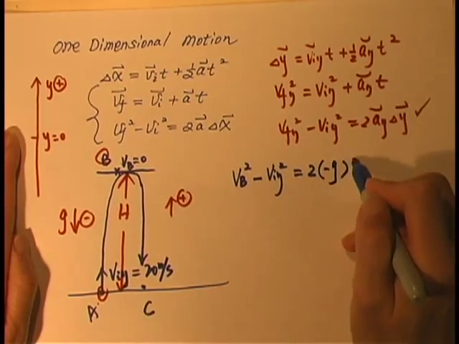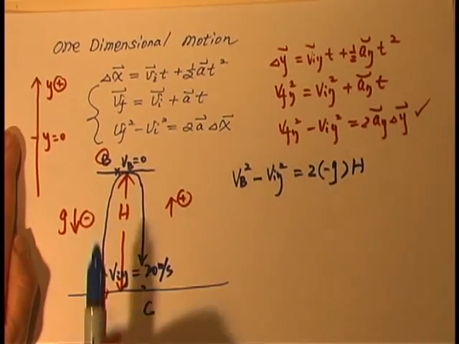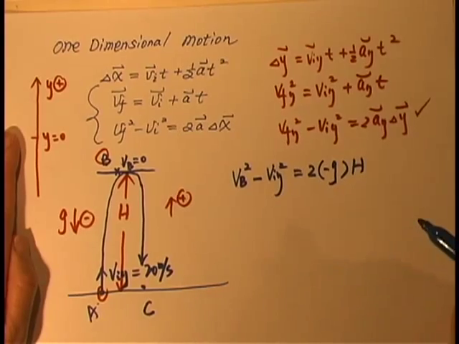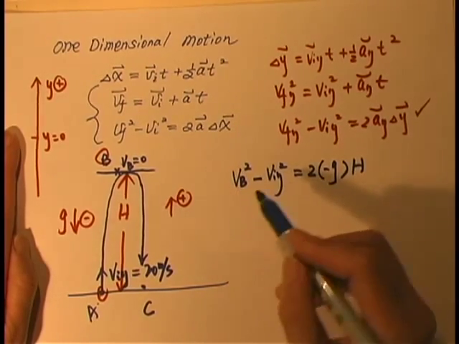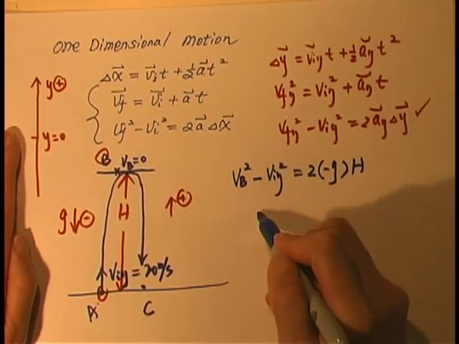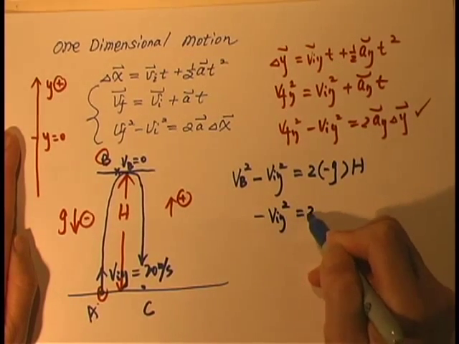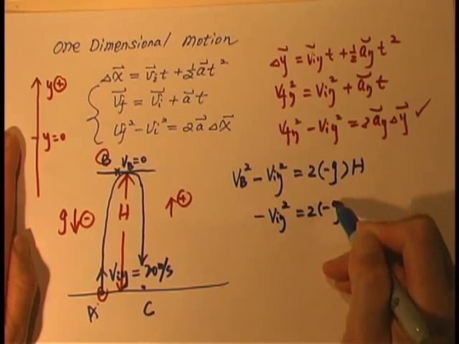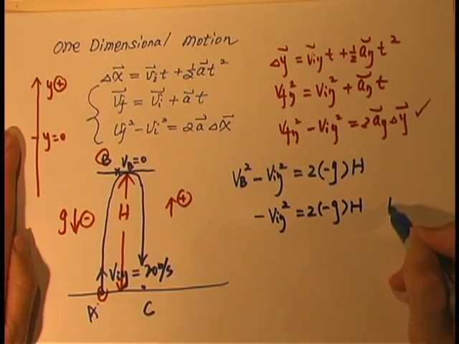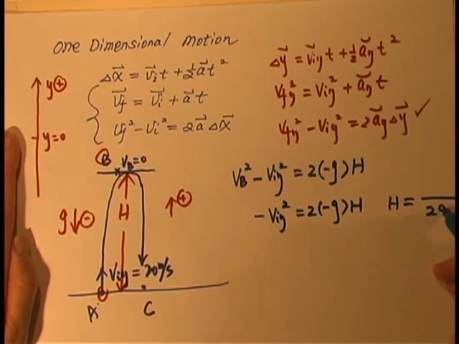Delta y is your h, positive because it's up. So knowing that VB squared equals 0, V initial y is given and g value is given, therefore your h equals V initial y squared over 2g.